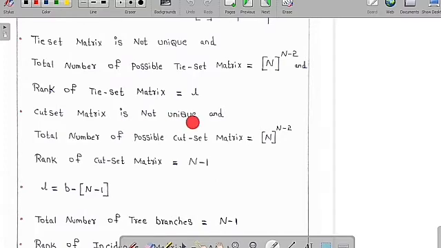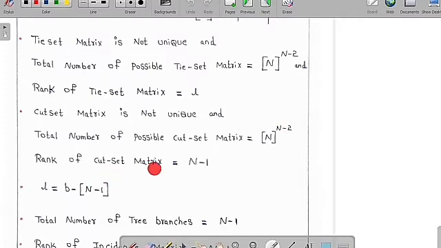The Cascade matrix is not unique, because the Cascade matrix is also done with the help of the tree diagram. As the trees are not unique, the Cascade matrix is also not unique. But the total number of possible Cascade matrices is equal to the total number of trees for a given graph, which is n to the power of n minus 2.